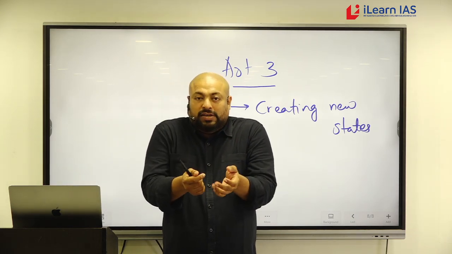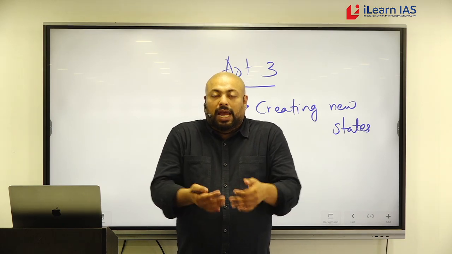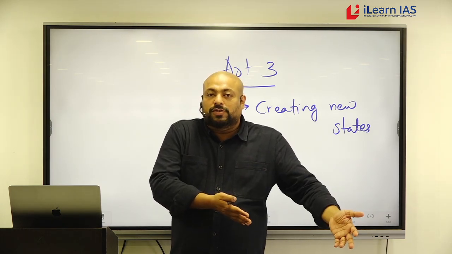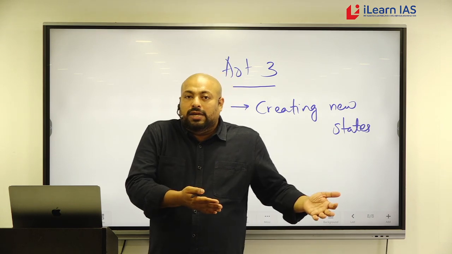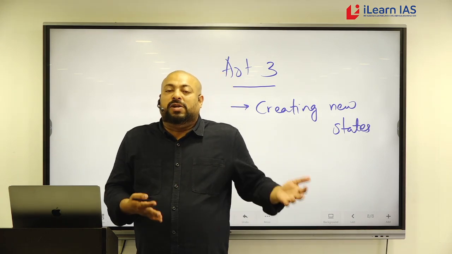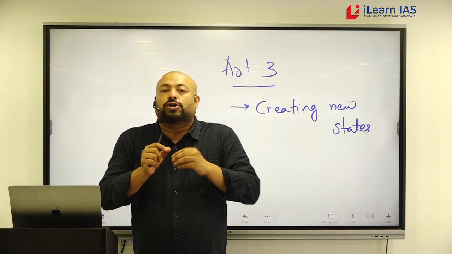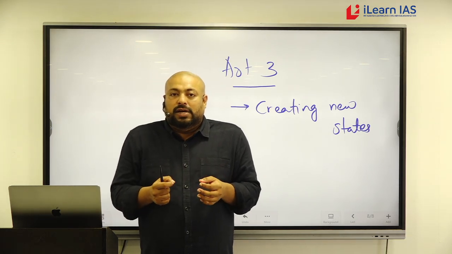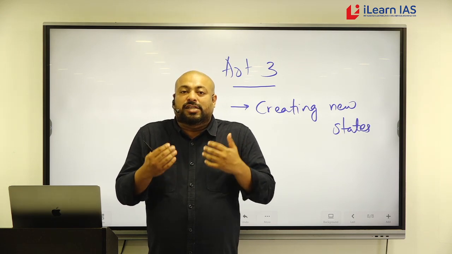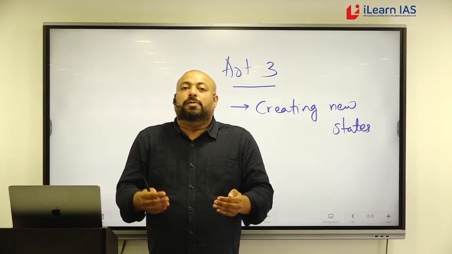So if you're going to change the name of a particular state, a bill for the same needs to be introduced in the house, and you need to get the president's permission. The opinion of the state legislature doesn't have much role to play here. In other words, the mere existence of the states in our country is dependent upon the parliament.